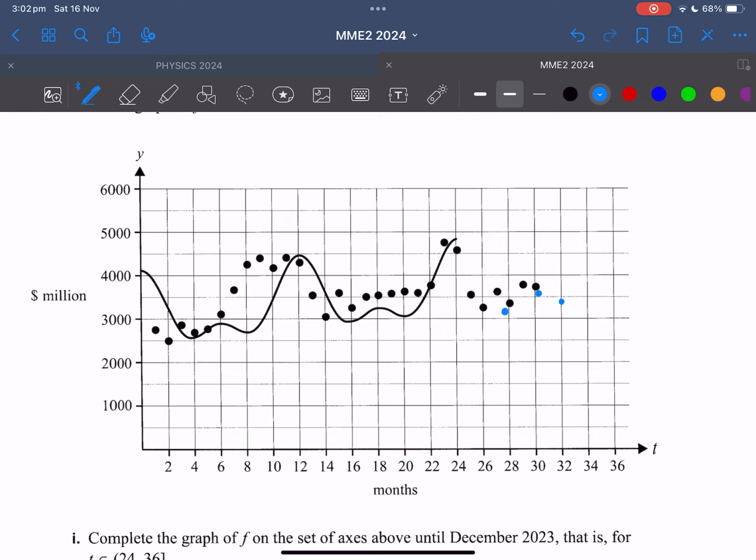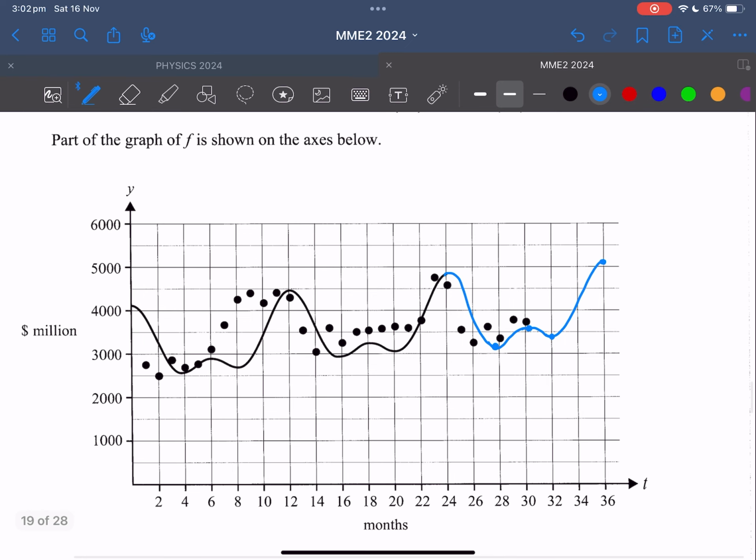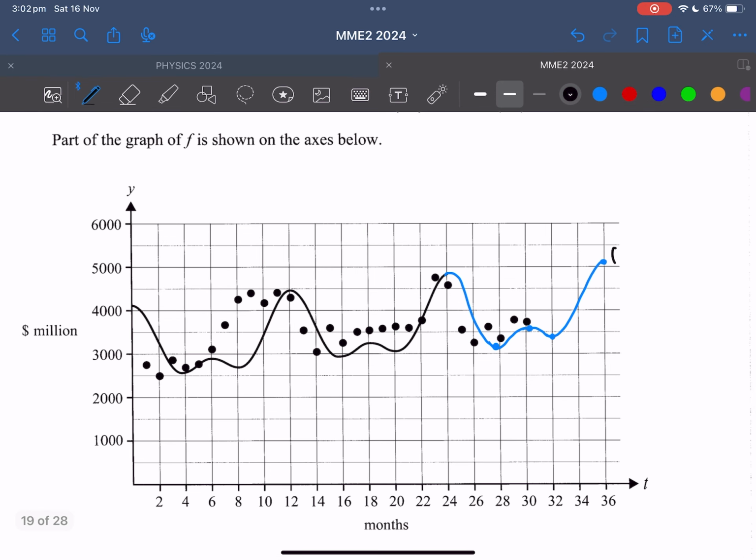And then we got 36, which is 5180. So somewhere around here. Okay. So we got like that. Okay. Oh, maybe. Okay. Yeah, that is better. Okay. So we have to label this point as well. So 36 and what was it? 5180. Okay.